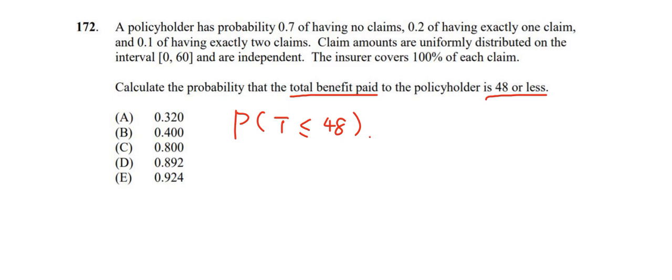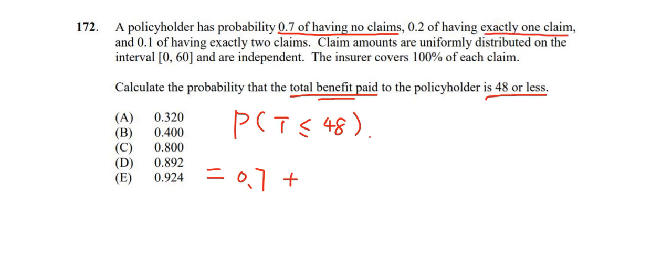Okay, so then we want to check what is the payment, what is the benefit. So here we have these three cases. If there is no claim, the payment is 0, right? So this case has probability 0.7. So no claim, and one claim.